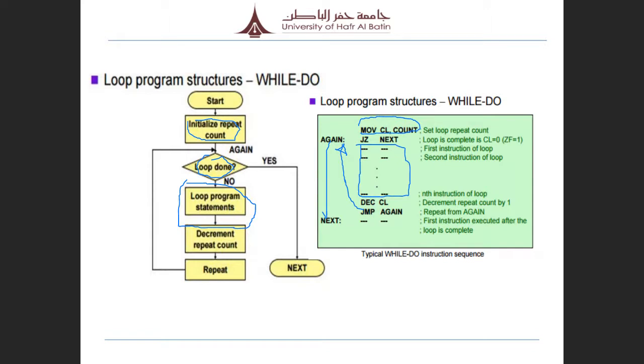One jump is at the beginning of the loop instruction, which is conditional, and one jump is an unconditional jump at the end of the loop instruction. But in repeat until, there is only one jump and it is conditional at the end. So these are the things basically.